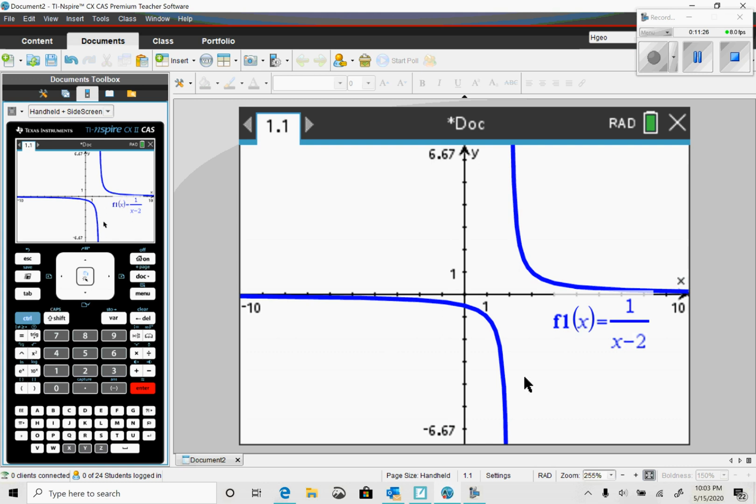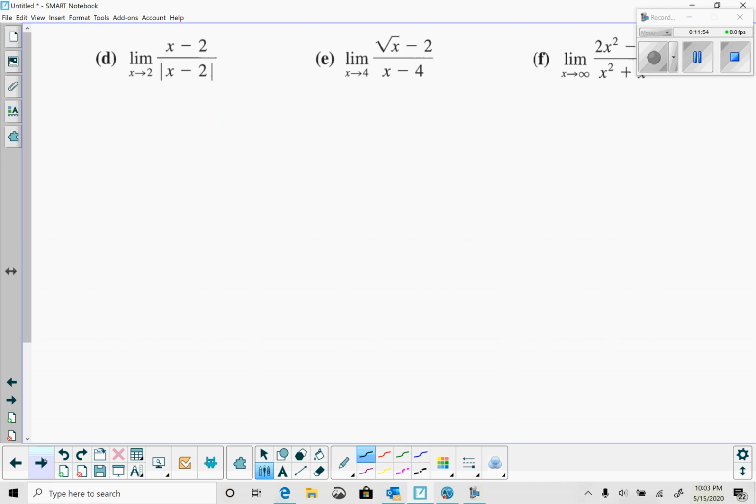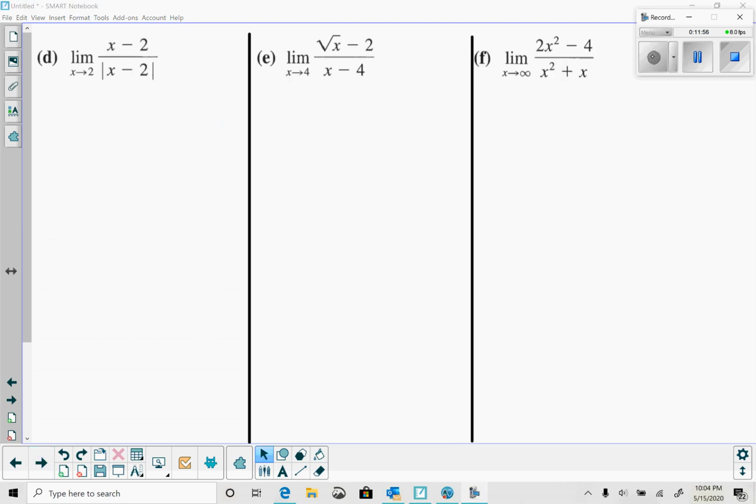You could tell me that the limit as x approaches 2 from the left is negative infinity, and the limit as x approaches 2 from the right appears to be positive infinity, and those two don't match up. Did you blink? Things changed.